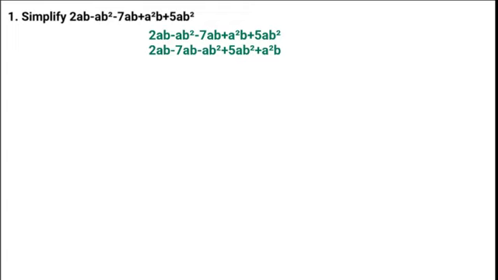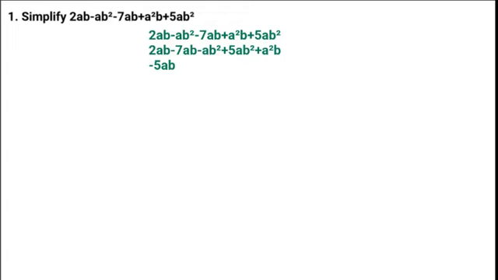Okay. Once I've done this, then I'm going to start now working out. So as you can see, I'm going to start with the expression 2ab minus 7ab, which will give us negative 5ab.